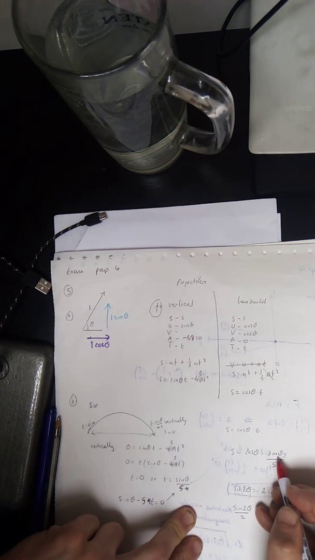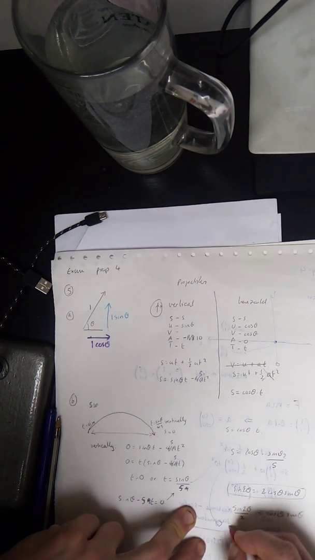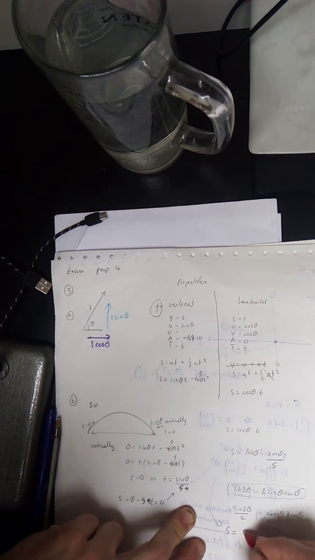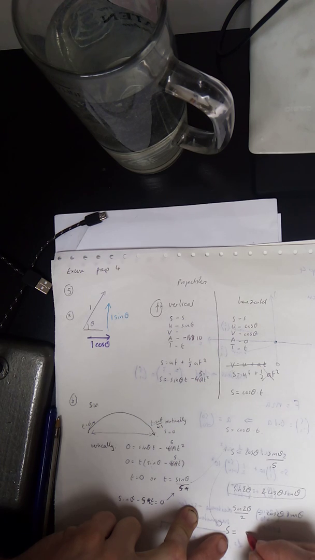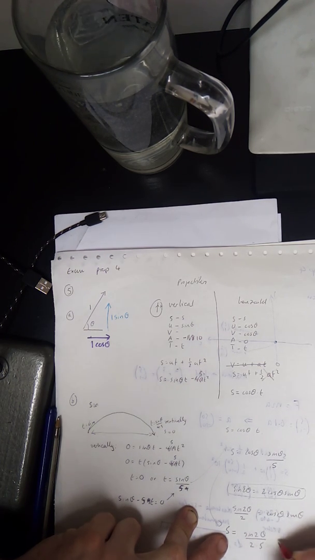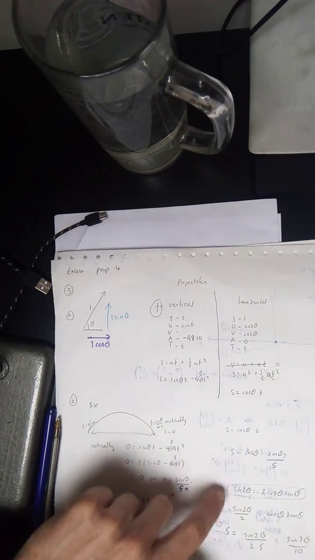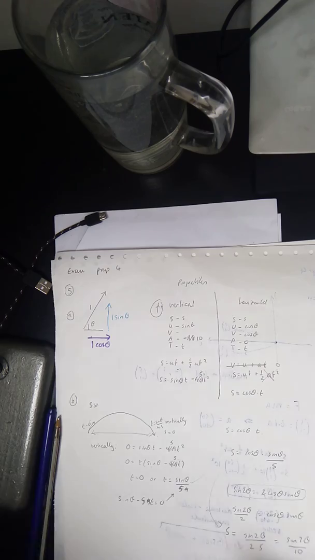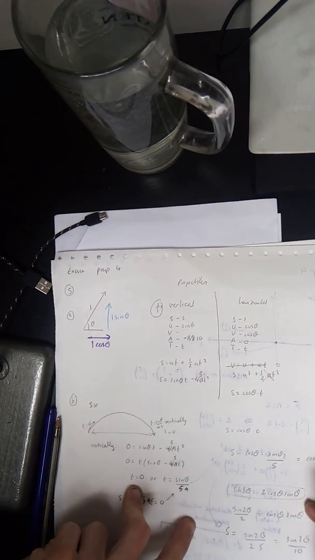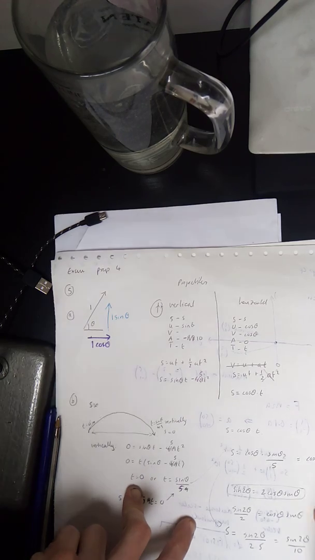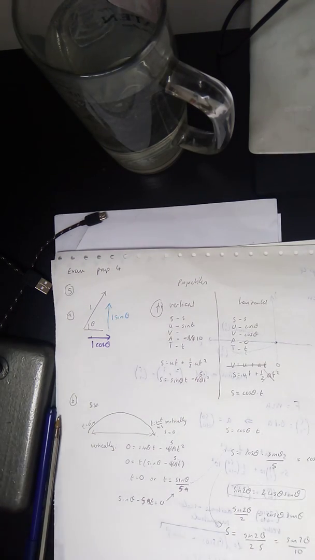So S is cos theta sine theta over 5, the same as sine 2 theta over 2 over 5, which is sine 2 theta over 10. If that's lost you a little bit, work on your fractions. This is the same as cos theta times sine theta times 1 over 5, and it all works out.